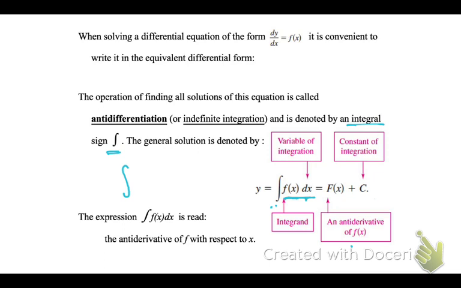Now, right now, we're going to read it as the antiderivative of f with respect to x. Like this statement, you would say find the antiderivative of f of x with respect to x, because it's the dx that tells you what you were differentiating.